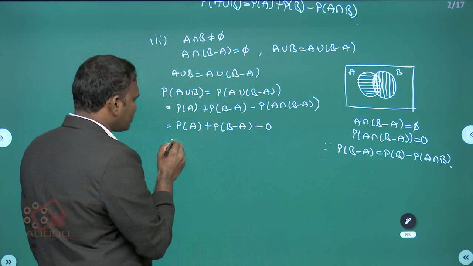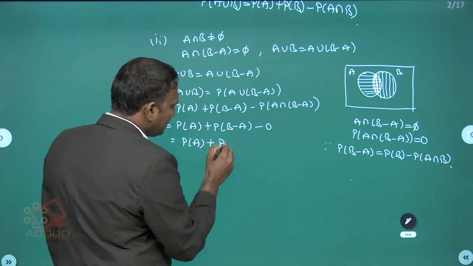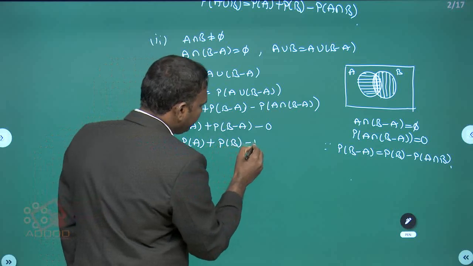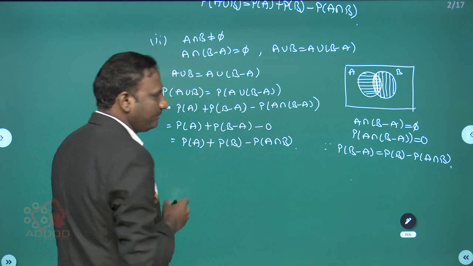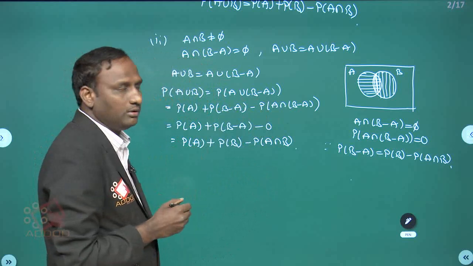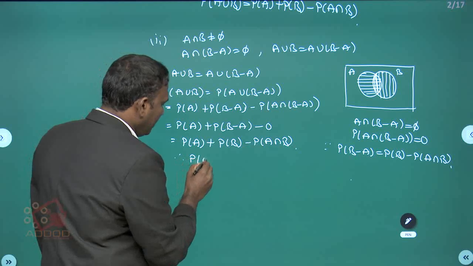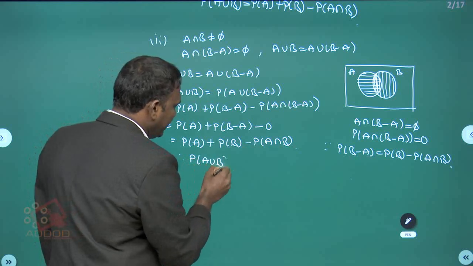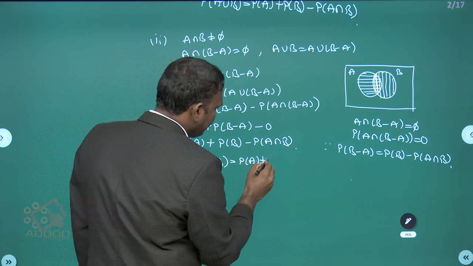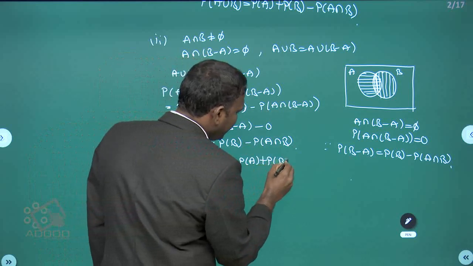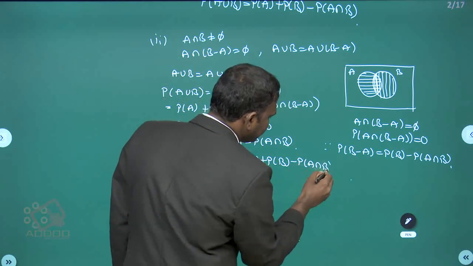So this equals P of A plus P of B minus P of A intersection B. Therefore, P of A union B is equal to P of A plus P of B minus P of A intersection B.